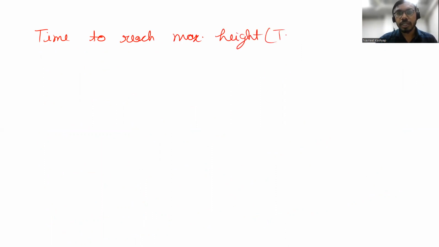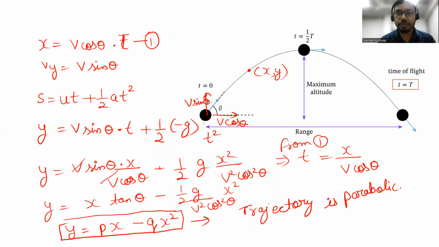So first, let's start with the time to reach maximum height. Let's denote it by capital T subscript M, time to reach maximum height. Now, how can we find the time at maximum height?